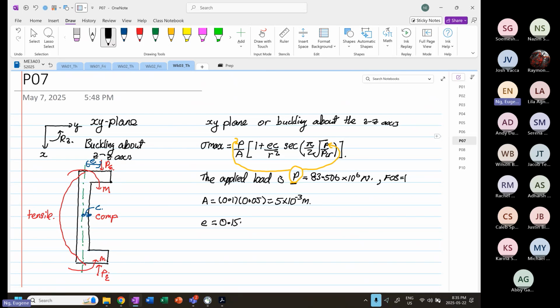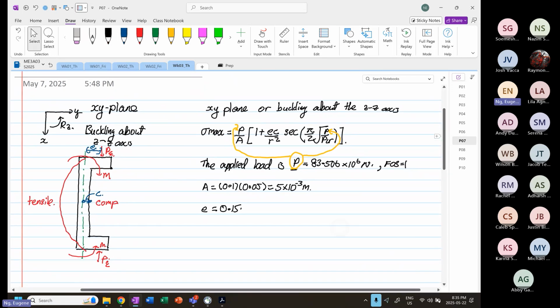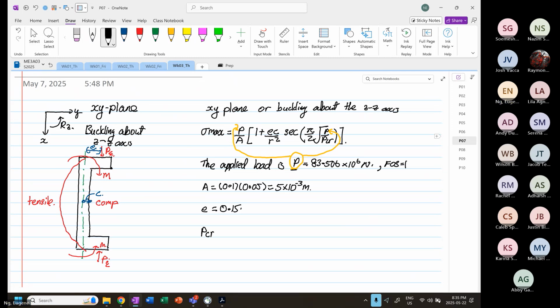Now, the next one, we have to consider what is our C. Before we consider what is our C, we are going to calculate our PCR. Now, the PCR is in the XY plane. So PCR in the XY plane is pi squared E multiplied by IZZ over L squared.